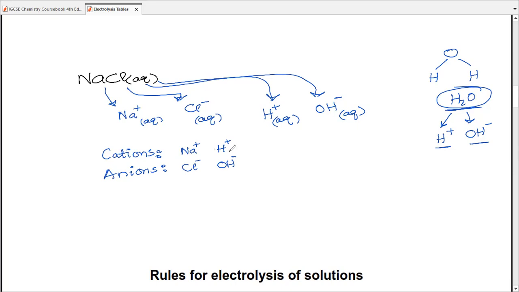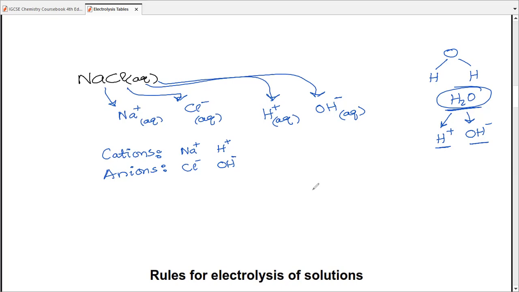So among these two cations, one would win going towards the cathode, and the other would lose, will not be able to go over there. Again, the same is the case with anions. It would be more like a competition, and one of these anions would win getting towards the anode, and one of them would lose and will not be able to reach over there.